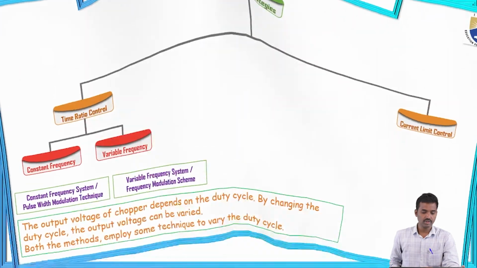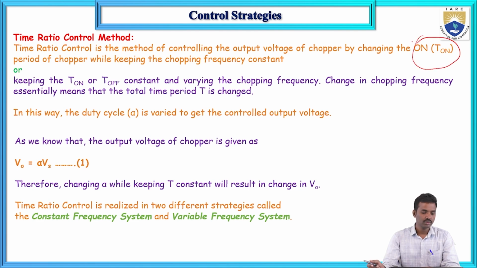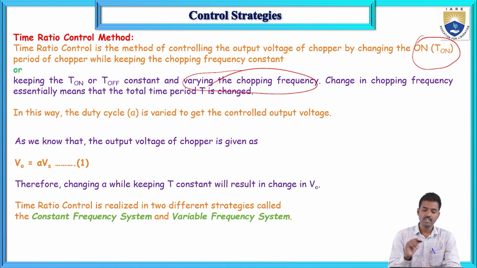In that there are again two types. Time ratio control means controlling the output voltage by changing T on or by changing the frequency. So these are the two methods.